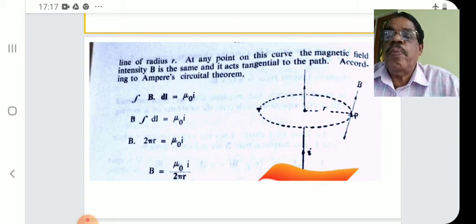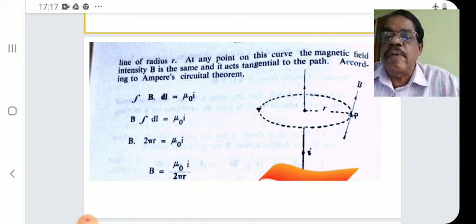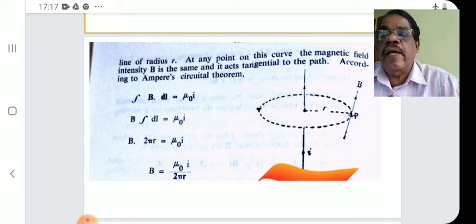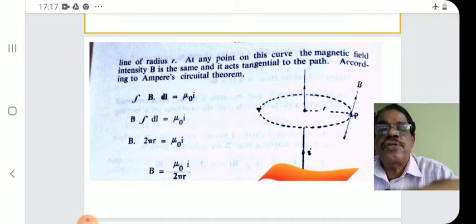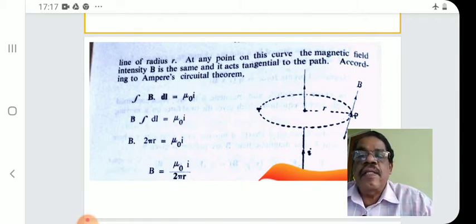We put 2πr in the place of integral dl, that is B into 2πr is mu 0 I, that is B is equal to mu 0 I by 2πr. That is, the flux density produced by a straight conductor carrying current is mu 0 I by 2πr.